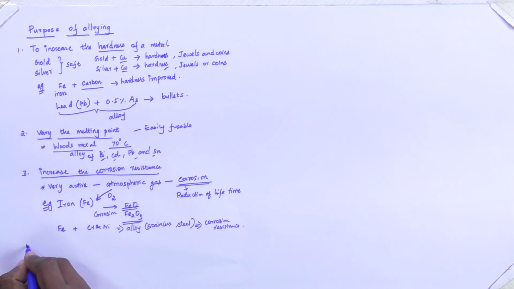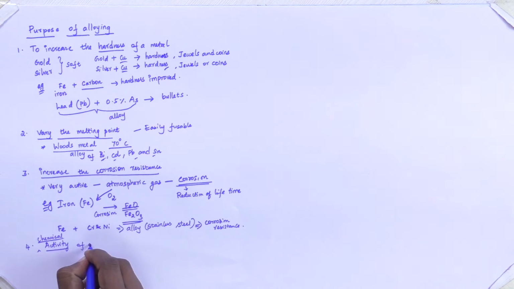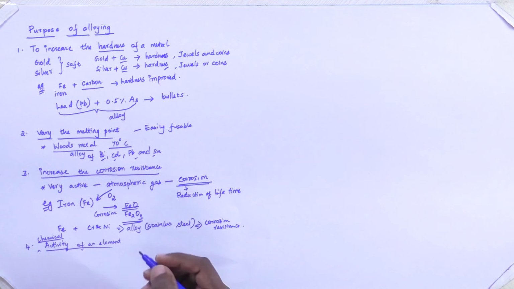In the fourth point, we are going to discuss about the activity, or in specific I should say chemical activity of an element. So chemical activity of an element can be varied by alloying.